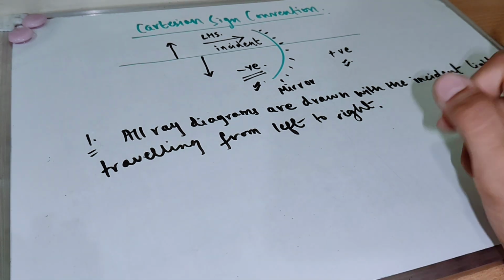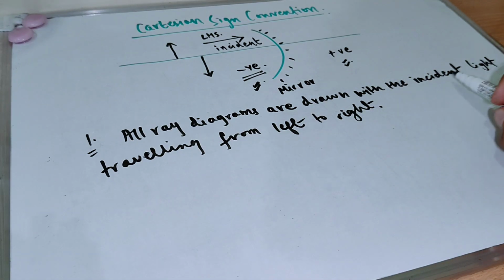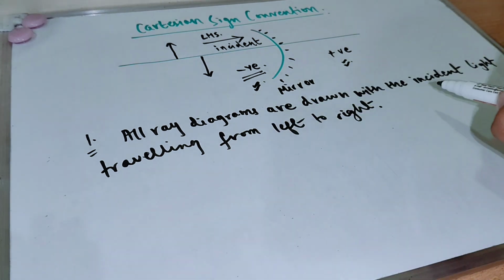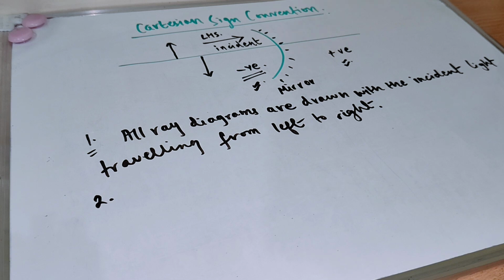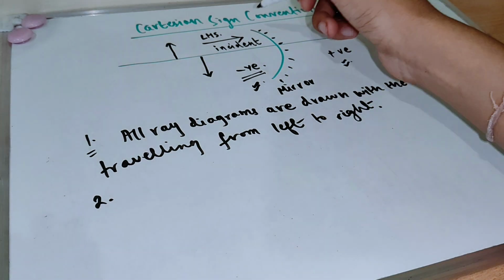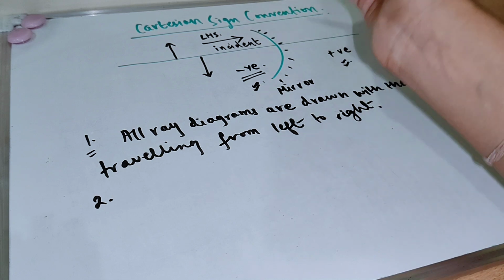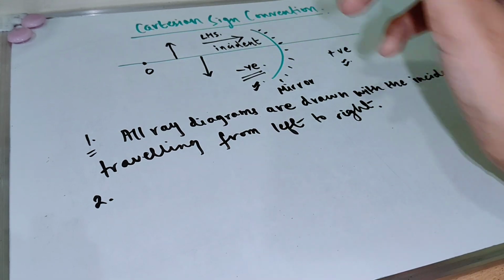So this was the first point, that all ray diagrams are drawn with the incident light traveling from left to right. Now the second point is that all distances are measured from the pole of the mirror. Let's say that this is my mirror and I have kept an object over here.